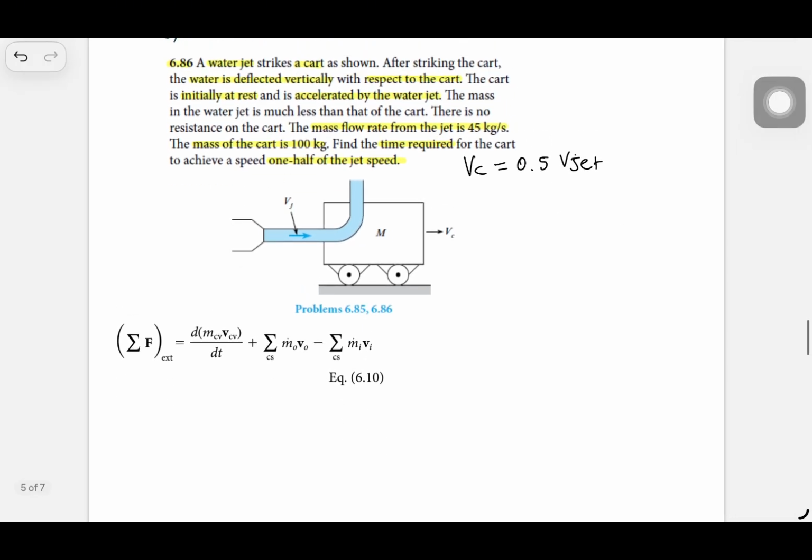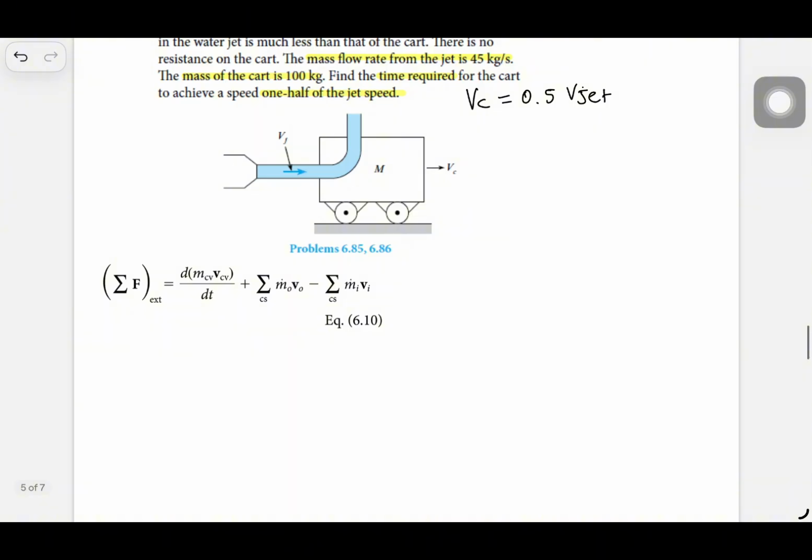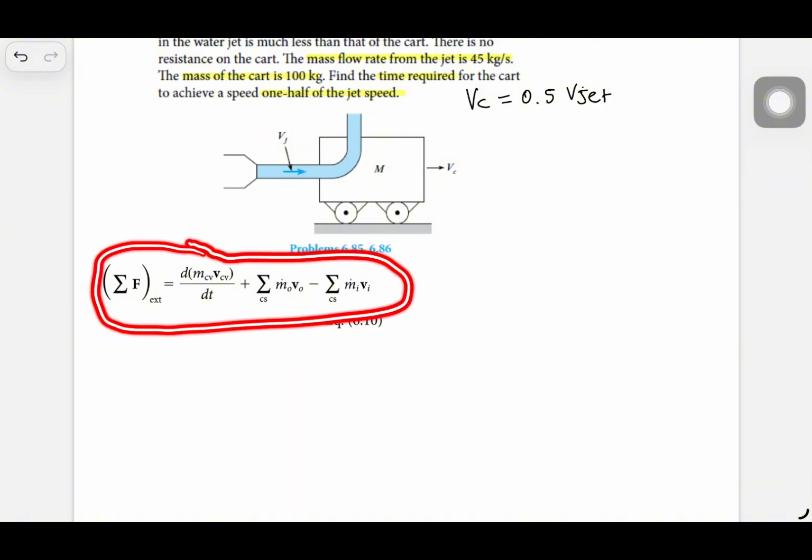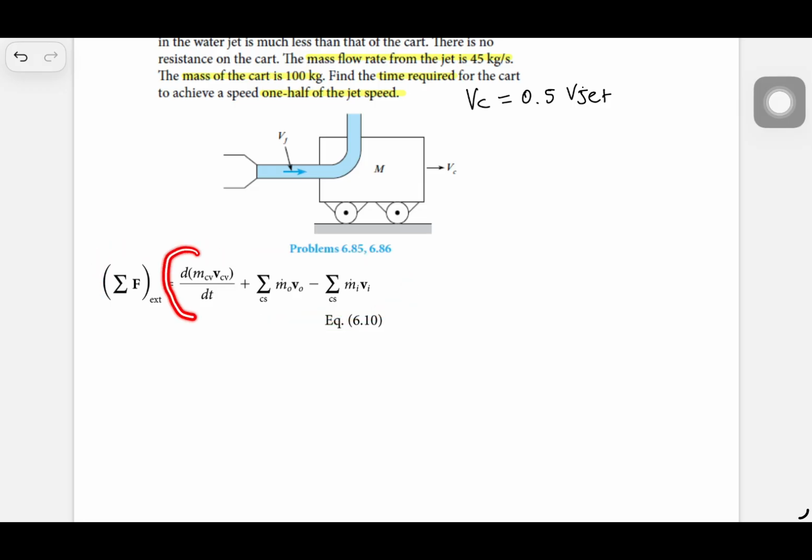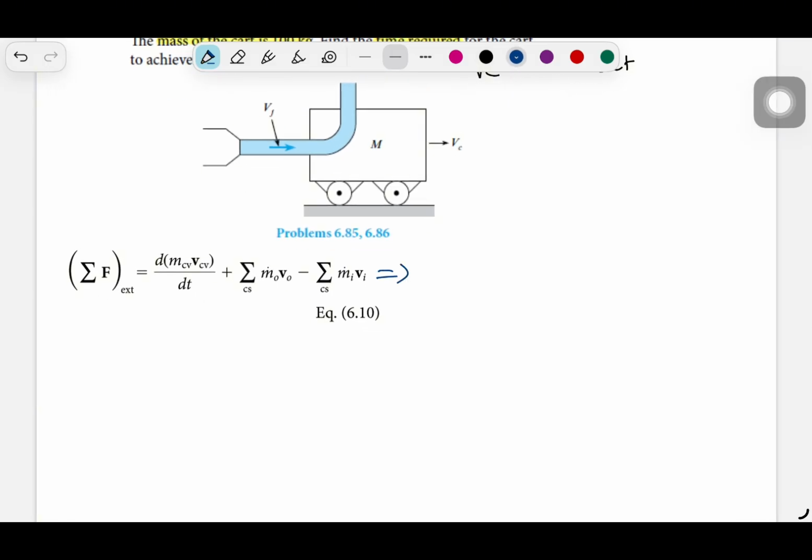In this question, on the contrary to other questions, we need to use the simplified general momentum equation, because this time we have acceleration, so we will also consider this term as well. Let me write what we have.